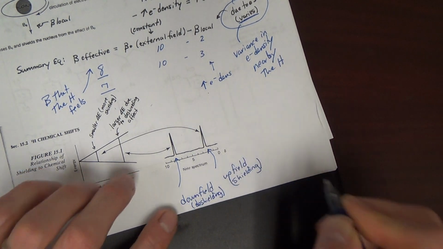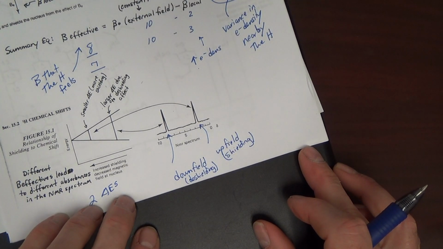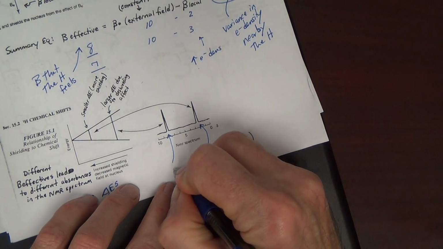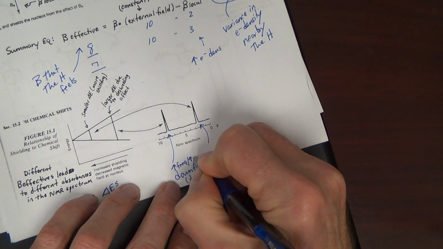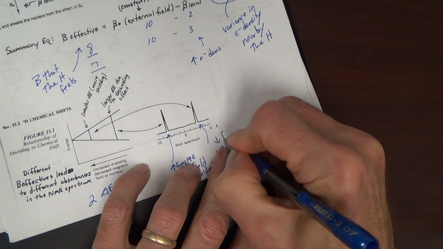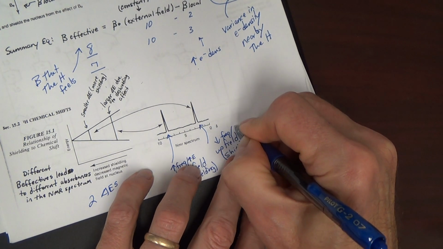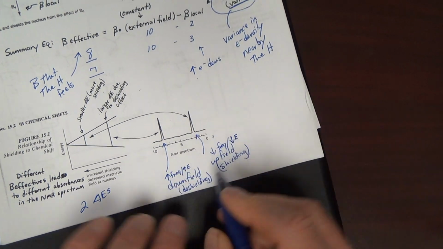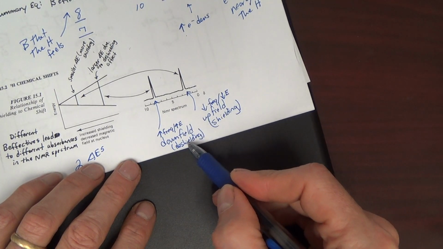Remember the terminology? Remember we said this was higher frequency and higher energy, where this was lower frequency, lower energy. Remember, this is all relative. This is shielding compared to this.